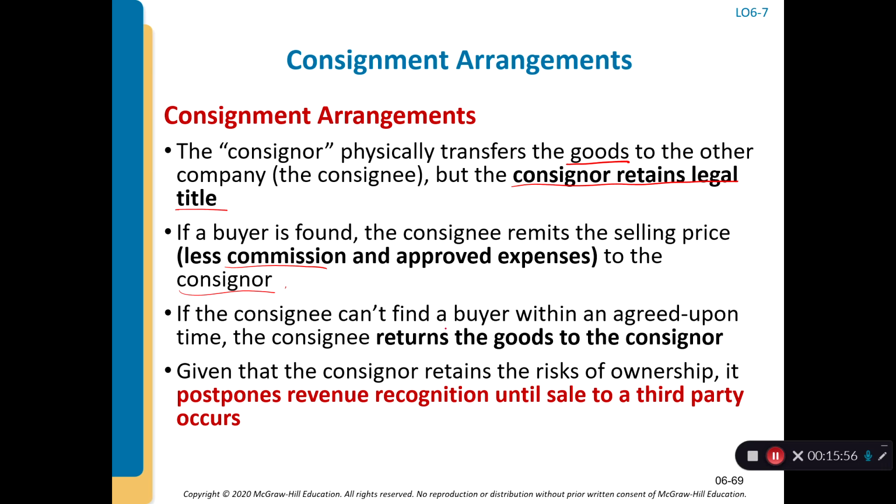If the consignee cannot find a buyer within the agreed upon time, say a gallery allows you to display your painting for half a year, but within this half year no one buys your product, then the consignee returns the good to the artist, right? Given that the consignor retains the risks of ownership, it postpones the revenue recognition until the sale to the third party occurs. In other words, delivering the painting to the gallery does not constitute a sale until the buyer buys the painting.